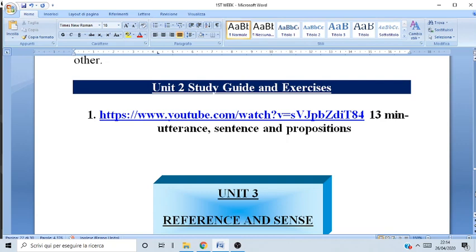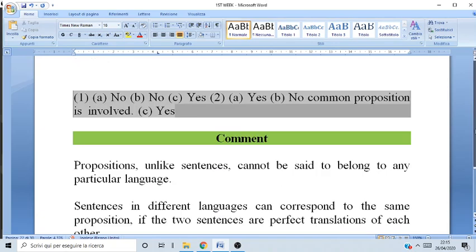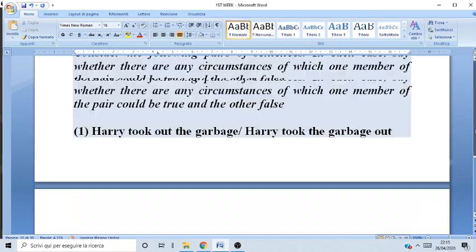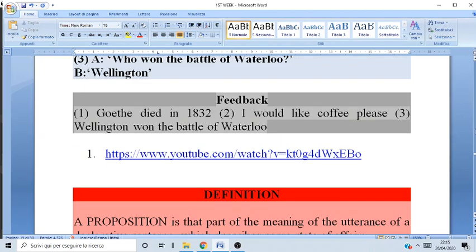So on Monday we started Unit 3 of your semantics book, and we're looking at the difference between reference and sense. Actually, we started from proposition. We looked at the difference between utterance, sentence, and then we started off with proposition.